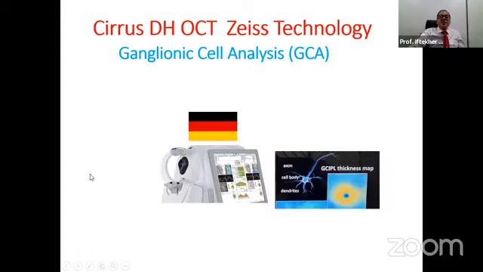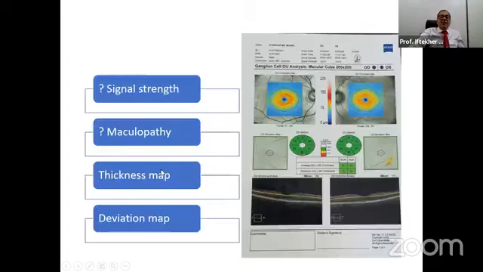Now, the Cirrus OCT ganglion cell analysis. Here is the printout of the Cirrus OCT ganglion analysis. At the top we see the particulars of the patient, the scanning pattern, and the reliability of the image. This is the macular scan, and this is the thickness map of both eyes.